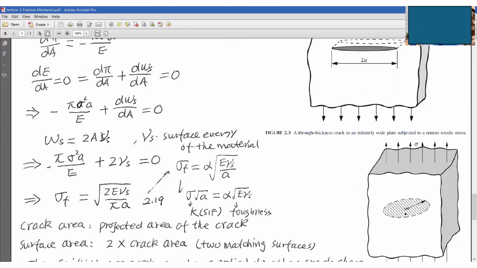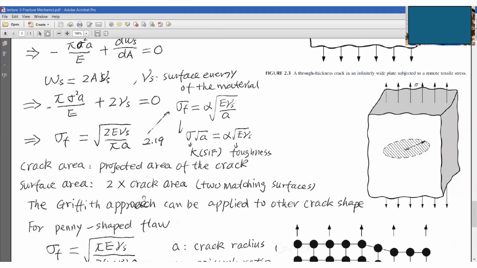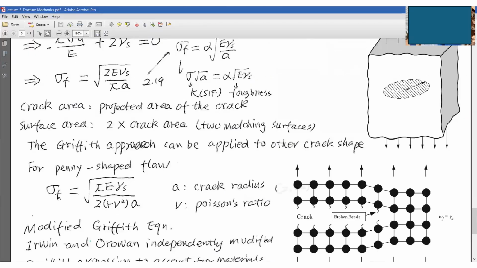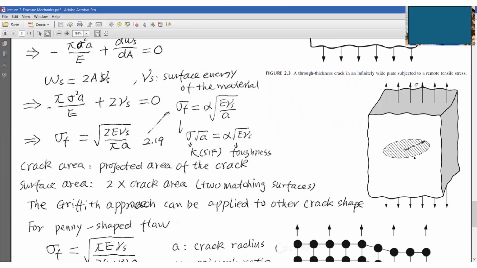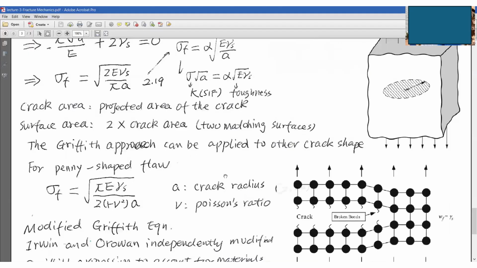And the radius is equal to A. Sigma F equals square root of pi E gamma S over 2 times (1 minus nu square) A. And nu is the Poisson ratio, and A is the crack radius, as shown in this diagram. Okay, so this is how to calculate the sigma F.